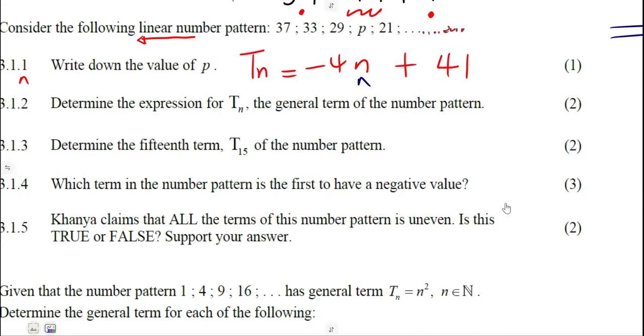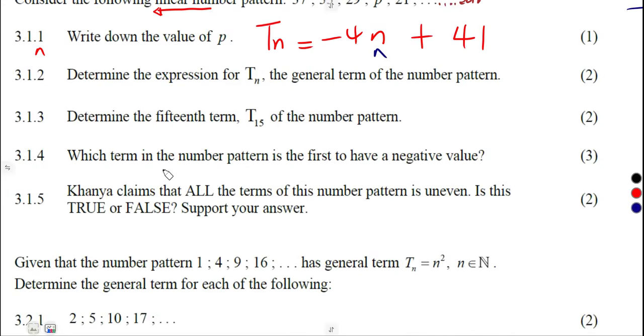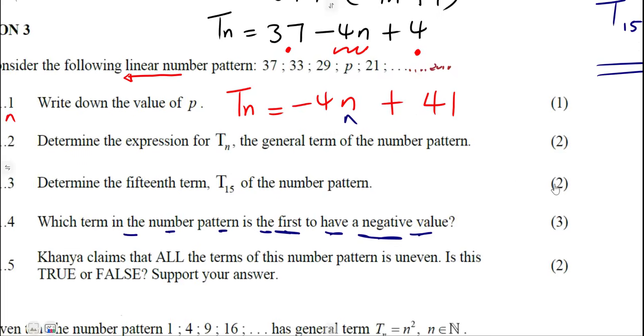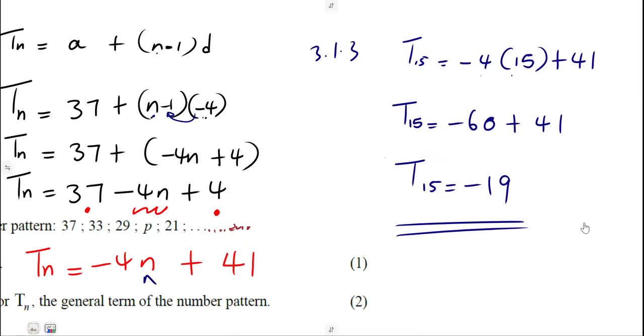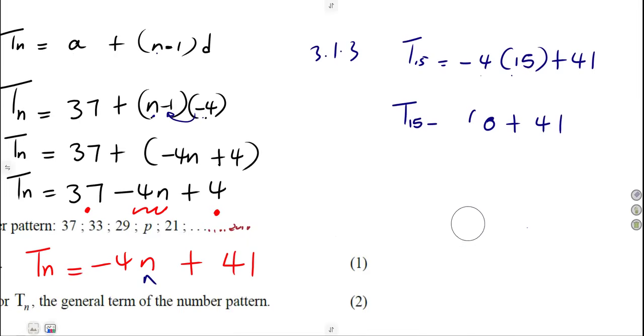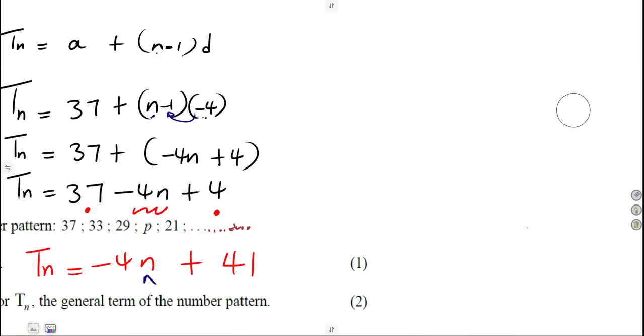3.14: which term in the number pattern is the first to have a negative value? They are saying our Tn will be negative at that moment. 3.14, be very careful there. Tn is negative. What does it mean?